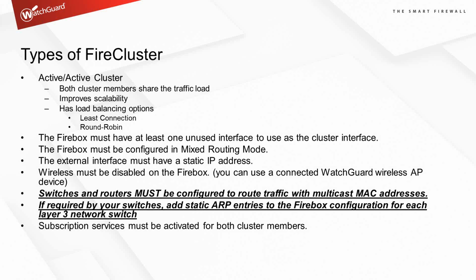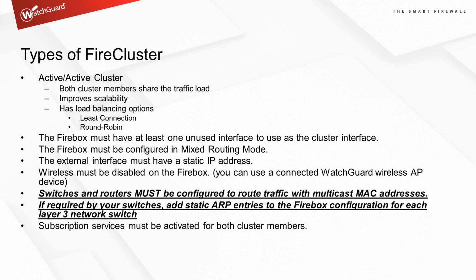Now, with an active-active cluster, I put this in bold, I underlined it, and I put it in italics. The number one problem that we see with people trying to set up active-active clusters is problems with their switches. Switches and routers must be configured to route traffic with multicast MAC addresses.